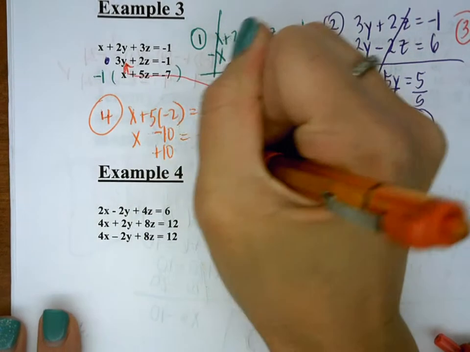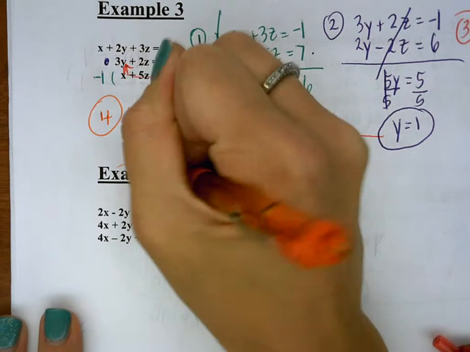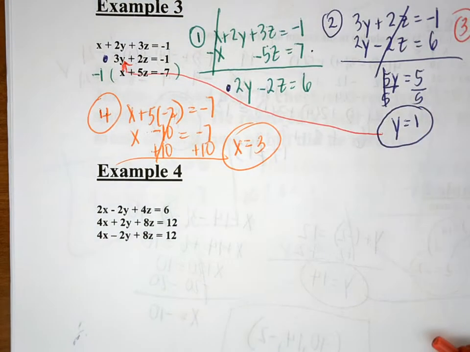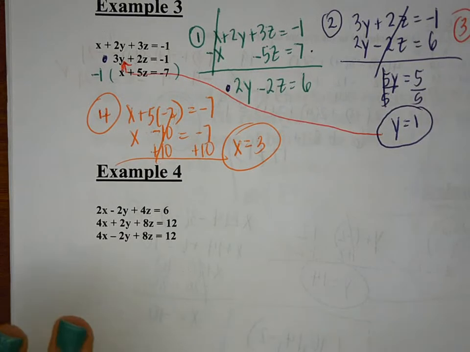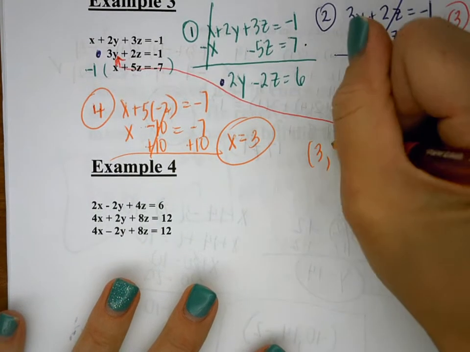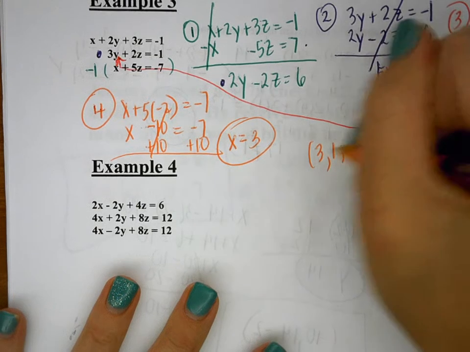We add 10 to both sides, and we find that x equals 3. And then how do I write my answer? Good, x, y, z. So we have 3, 1, -2 for our answer.